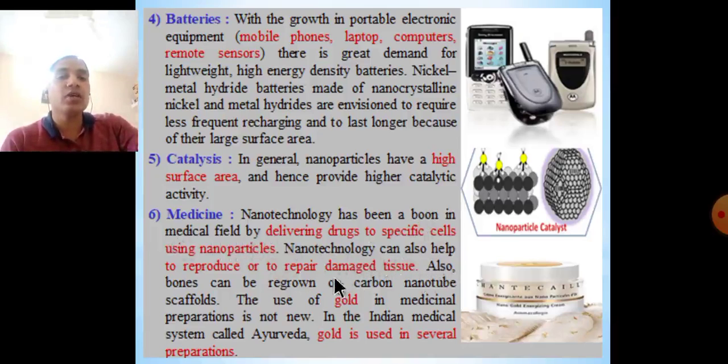Nanotechnology can also help to repair damaged tissue. Also, bone can be regrown on a carbon nanotube scaffold, and the use of gold in medicinal preparation is not new. In the Indian medical system Ayurveda, gold is used in several preparations.